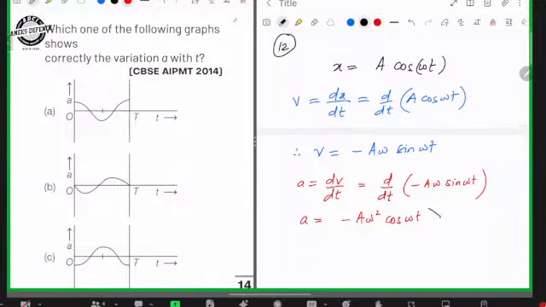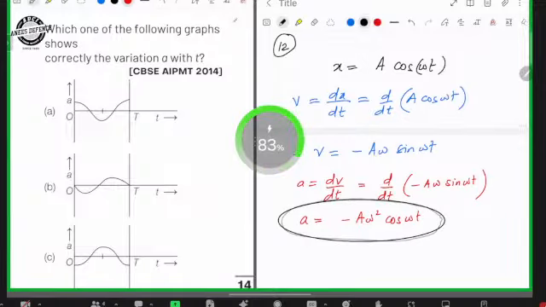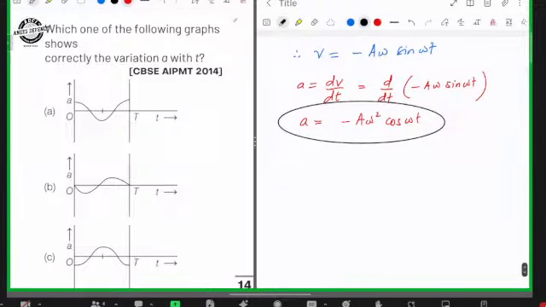Now please check, the variation of acceleration is according to the negative cos function. Negative cos function, right? So do you remember this is the cos function? This is the variation of cos function from the maximum value. This is how the graph of cos function varies. Cos x.